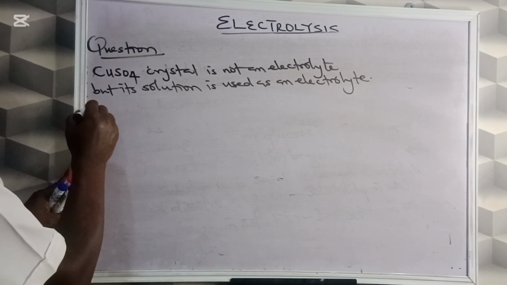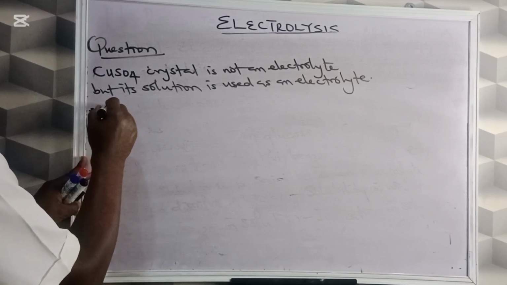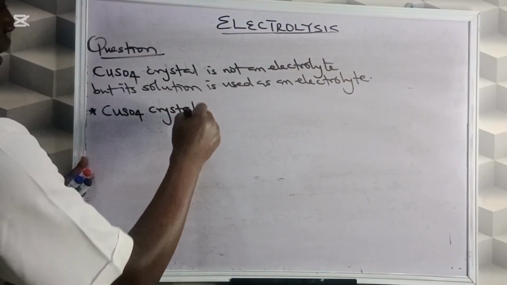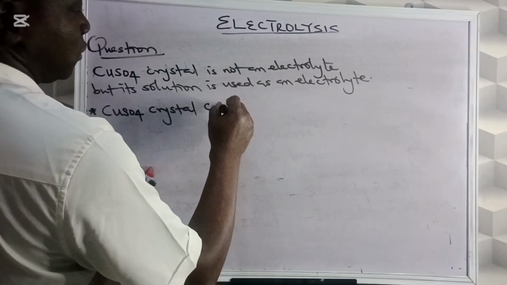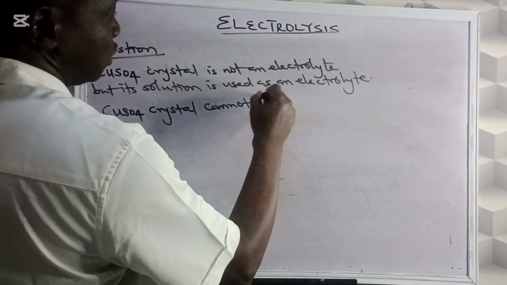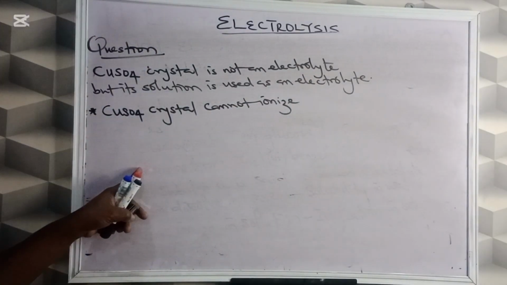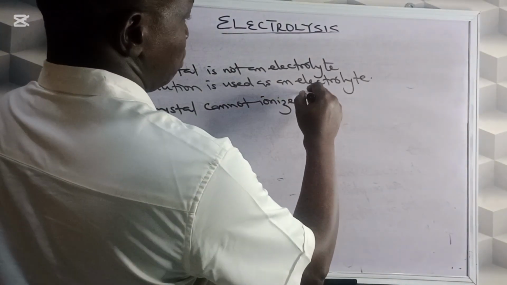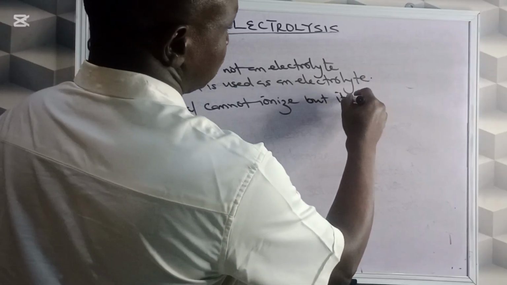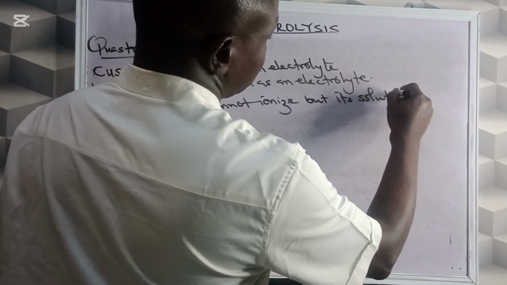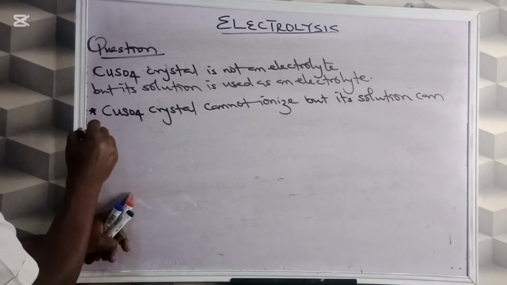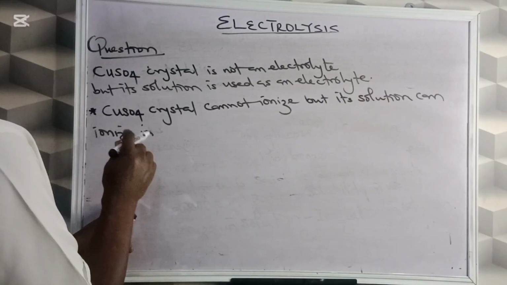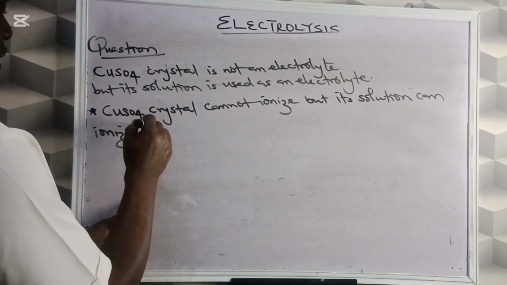The copper 2 sulfate crystal cannot ionize because it is not in solution form, but its solution can ionize.